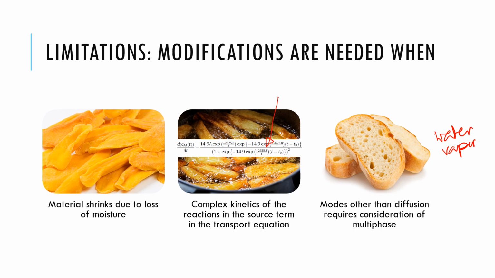So we have to treat the food as multi-phase porous media, going beyond this single phase equation. And this topic is in a separate module that we have. We go into fairly detailed on how to develop the equations for porous media transport based on the very equation that was developed in this module.